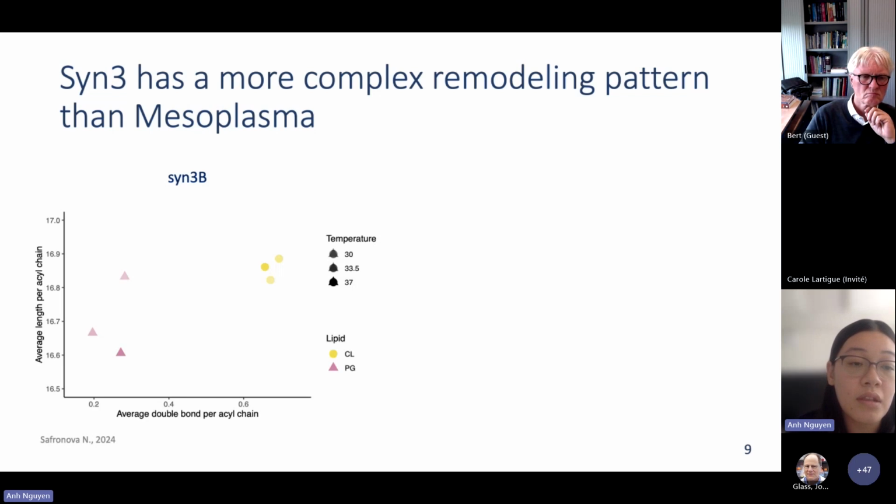You see that from more transparent to more opaque, PG and cardiolipin seem to follow two different patterns. This is called head group specific lipid remodeling, and this is a common pattern seen in multiple organisms. We see it in Methylobacterium, in E. coli, in yeast, and apparently here we also see it in syn3.